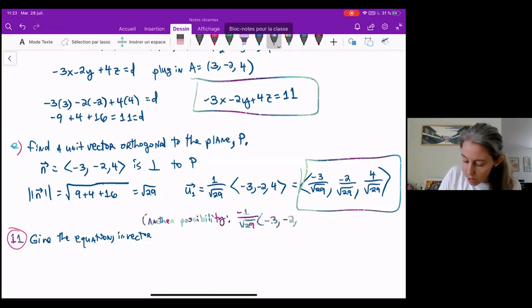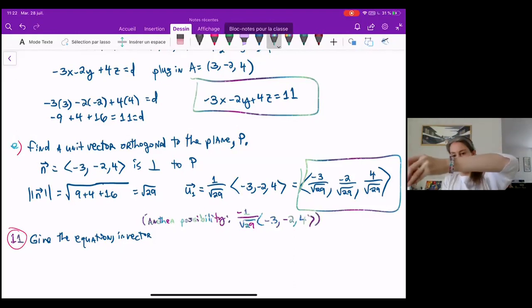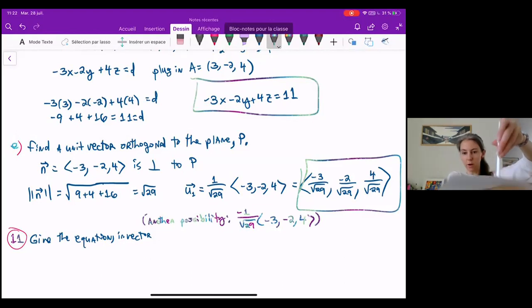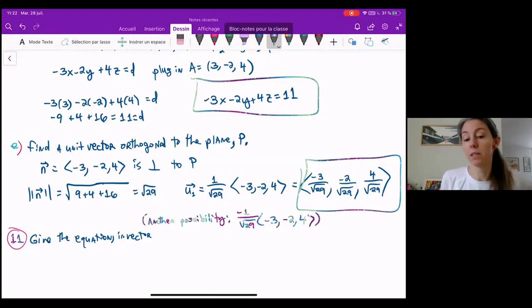So this would give me another unit vector. If one is orthogonal pointing towards it, can you guys see that? If one is orthogonal pointing towards it, then the other one would be orthogonal pointing away from it and be a unit vector. So that would also be a valid possibility. Did that answer your questions, Nick and Cody?